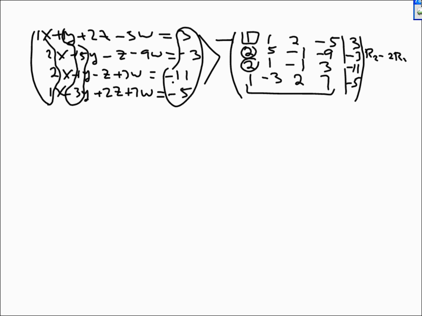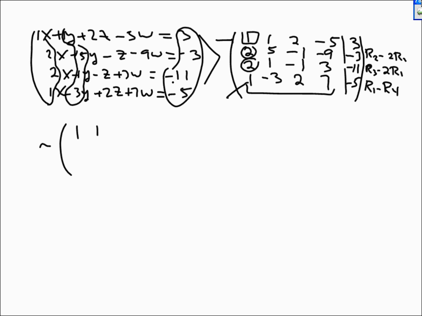Same thing with row 3. I'll leave row 3 the same, but I'll take away 2 row 1's. When it comes to getting rid of the 1 in row 4, I'll do row 1 minus row 4. When it comes to subtraction, you can always do it the other way. Instead of a minus b, you can write b minus a, because you'll still get a 0.